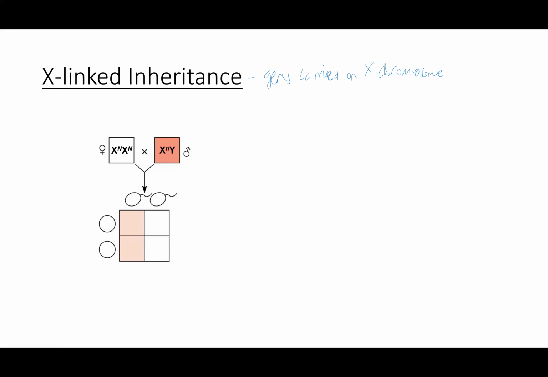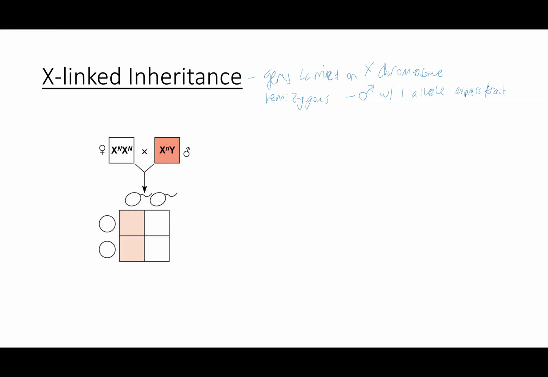Instead of just being homozygous or heterozygous, we're going to introduce the term hemizygous, because you only need one allele to express the trait. So it's much more common for males to express an X-linked trait.